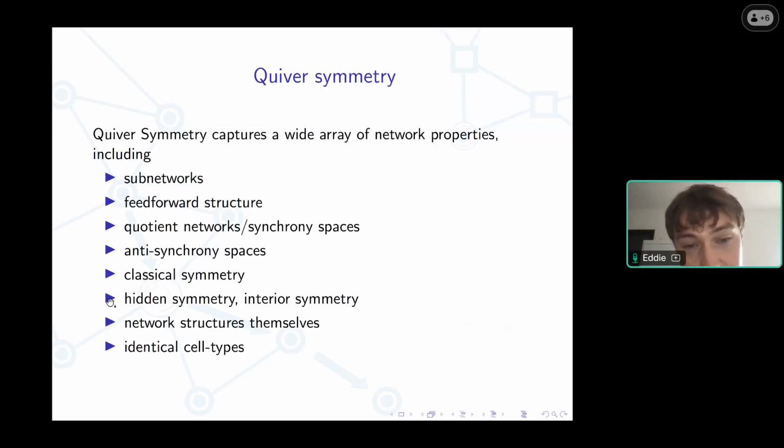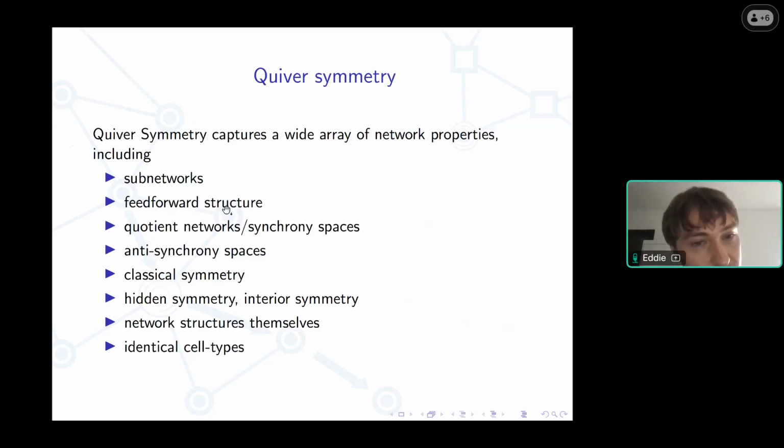Classical symmetry, in other words, group symmetry as we're familiar with, will be a special case of quiver symmetry, and that will be clear in example 3. What I also want to highlight is that sometimes, in many examples, the network structure itself will be completely equivalent to the presence of some quiver symmetry. And I will go through plenty of examples now to show you exactly what I mean.